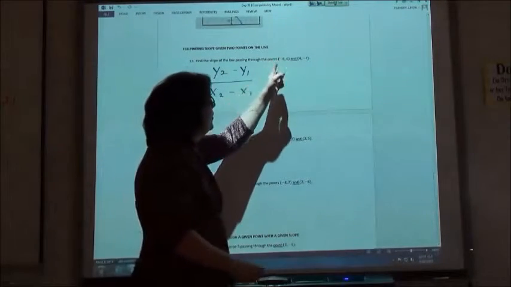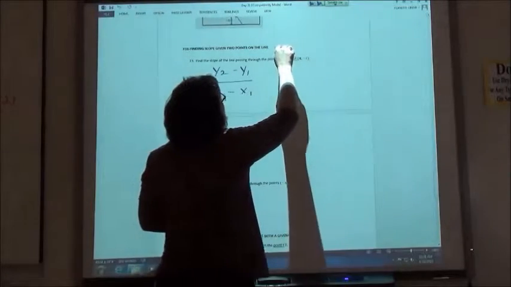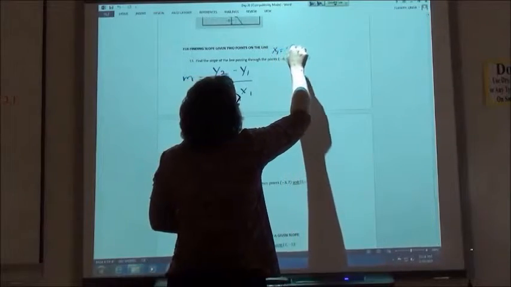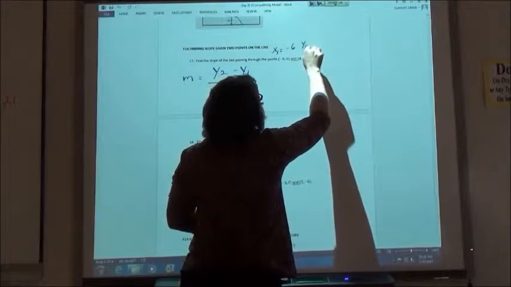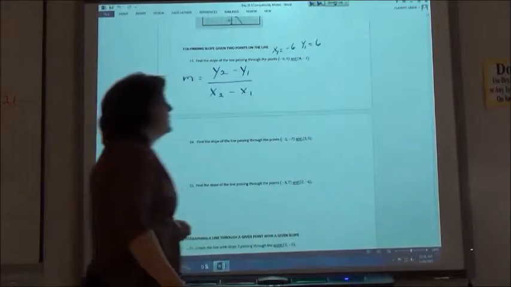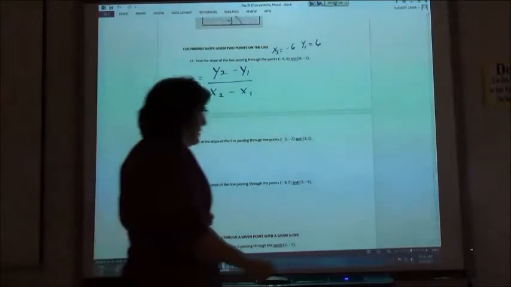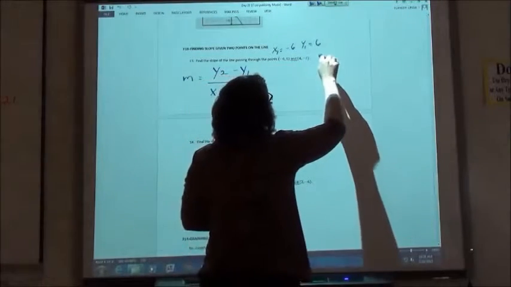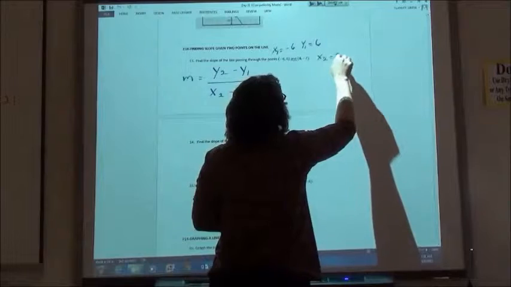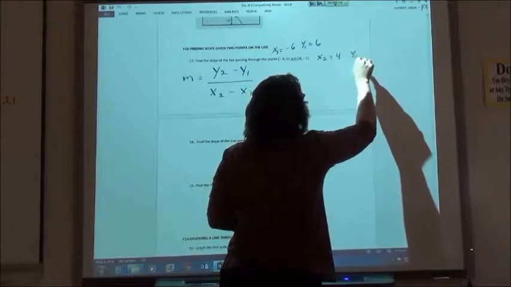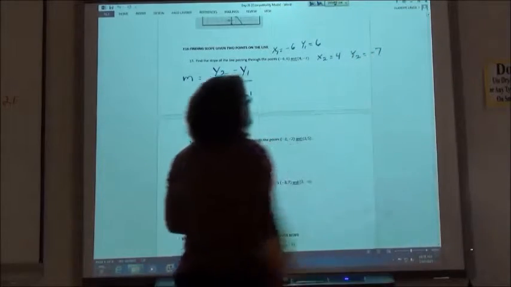So, here's my ordered pairs. My x1 is going to be -6. My y1 is going to be +6, because that's my first point. On my second point, my x2 is going to be 4, and my y2 is going to be -7.